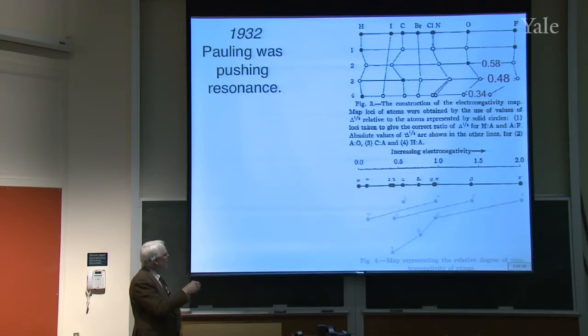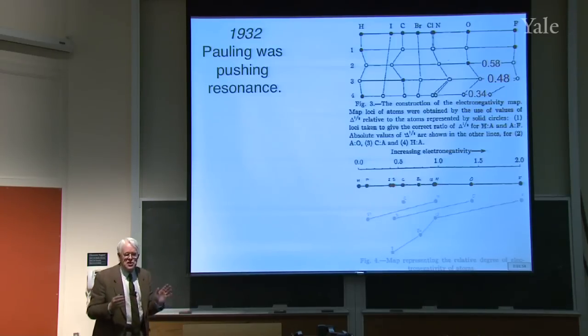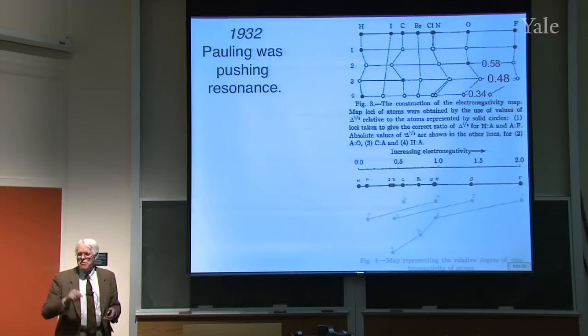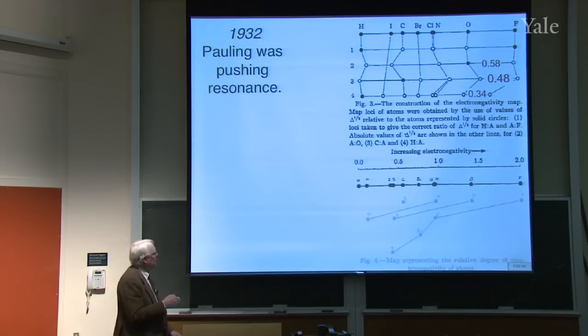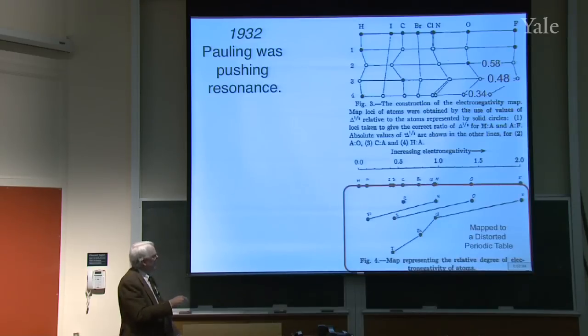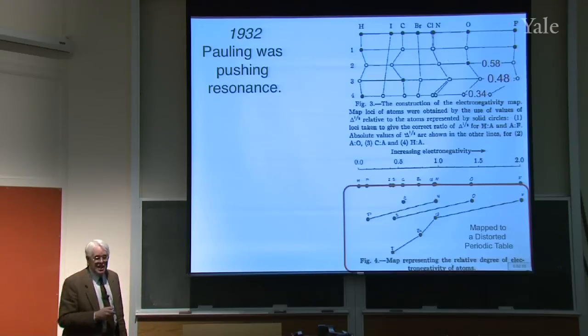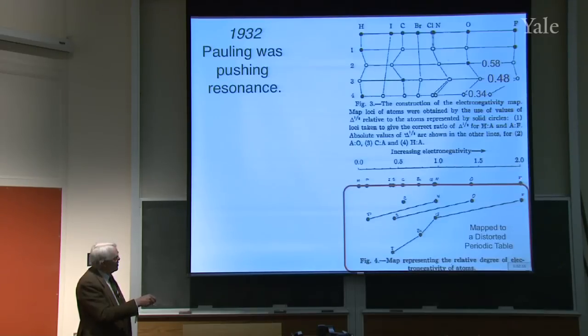And here are the values for hydrogen, phosphorus, iodine, sulfur, carbon, and so on. And these were the days when they still did handwritten figures in the Journal of the American Chemical Society, which was a long time ago. Okay, and then below that, he looks at, it's math. I couldn't figure out for a long time what the heck this was, but finally I figured it out. He doesn't say in the paper, but it's a picture of the periodic table, which has been distorted so that it shows every atom at its proper electronegativity.